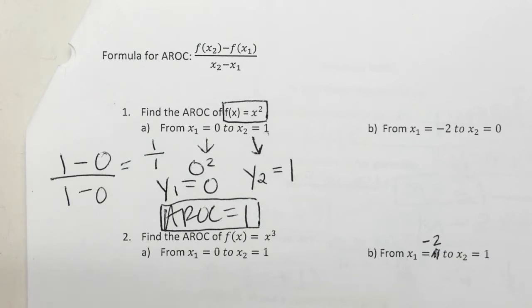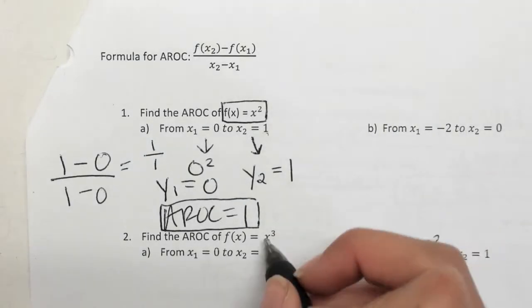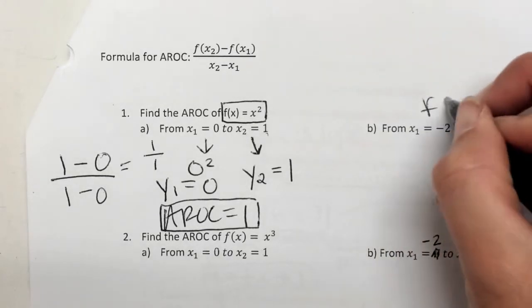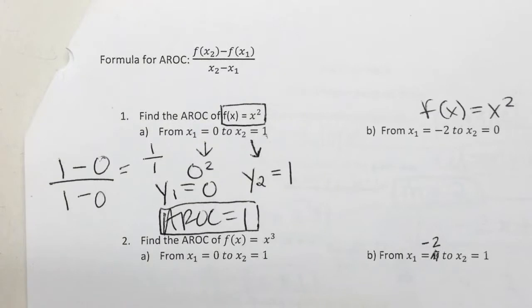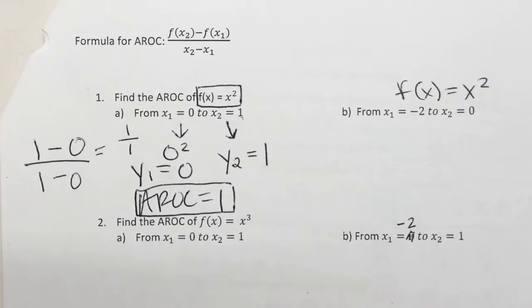All of these different ones, this is the function you'll use for b as well, x squared. So go ahead and do b on your own. And again, this is the function we're using.